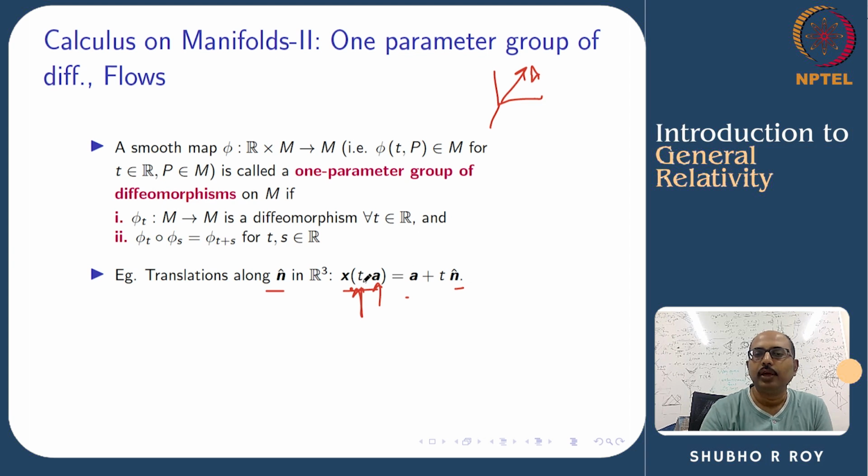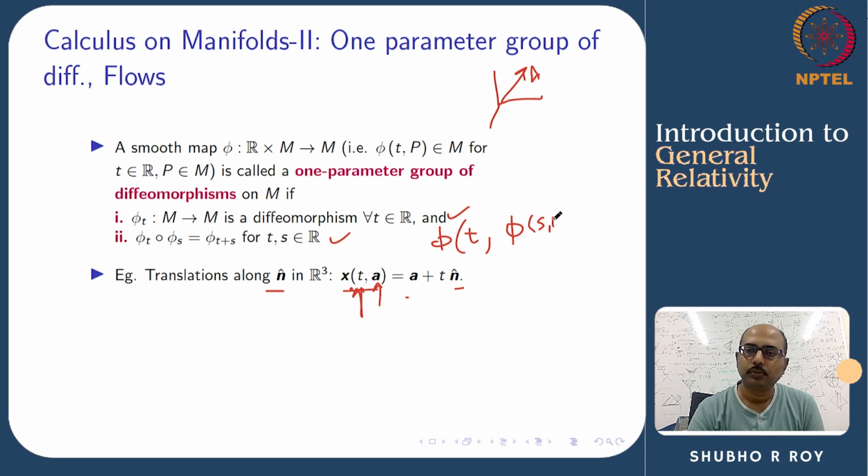So you can easily check that both of them are true. As I said, the second condition means phi of t comma, instead of p you put phi of s comma p, equals phi of t plus s.